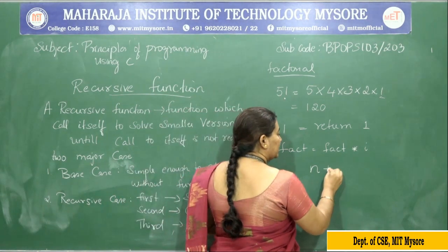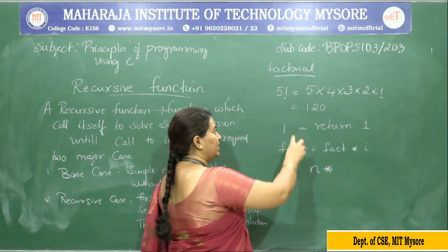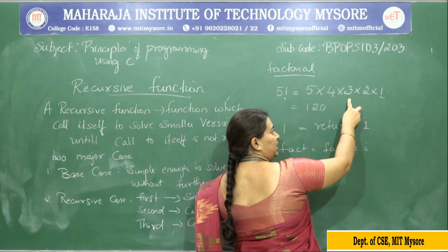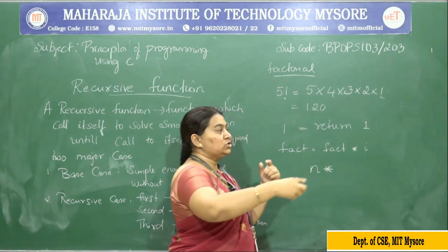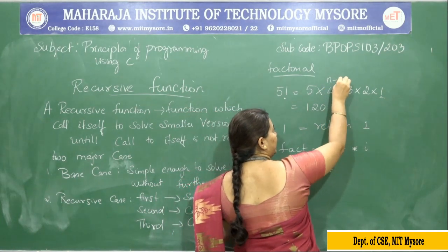Next, I have to multiply that with 4. When I said 5 factorial, I start with 5, then 4, 3, 2 and 1. So the next part I get by using n minus 1.